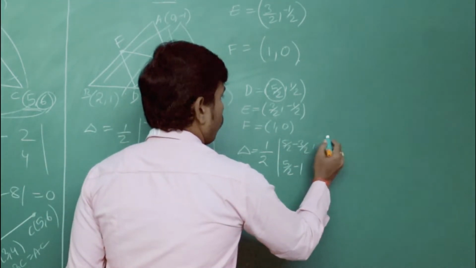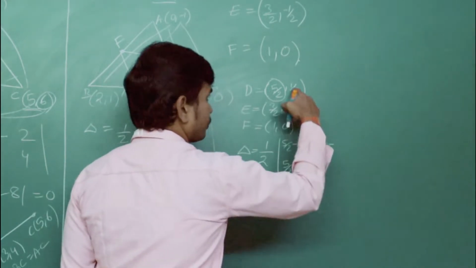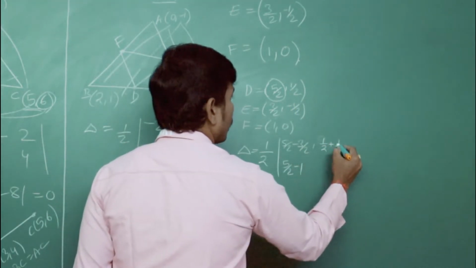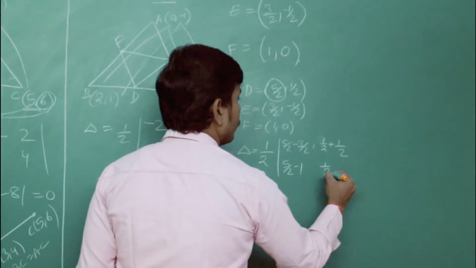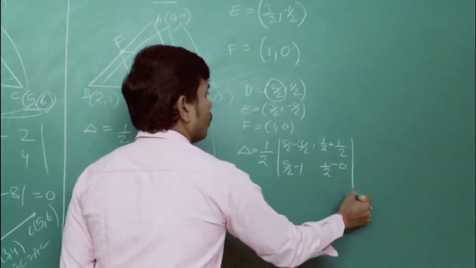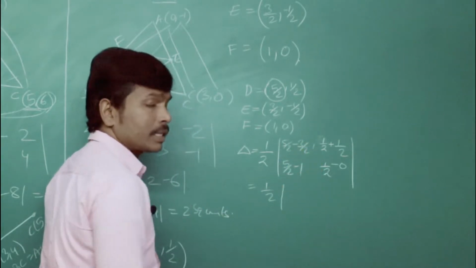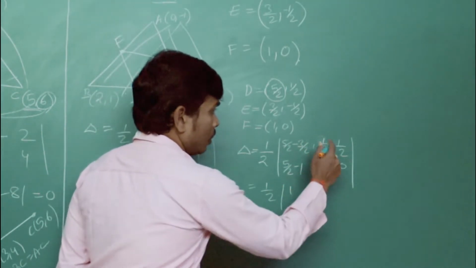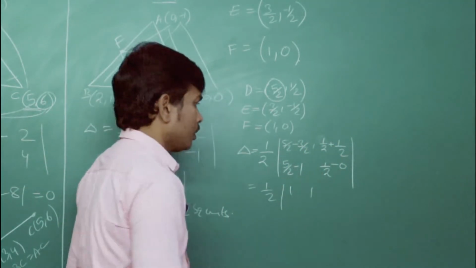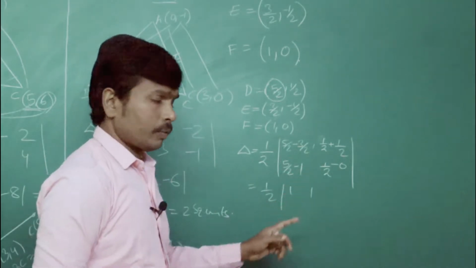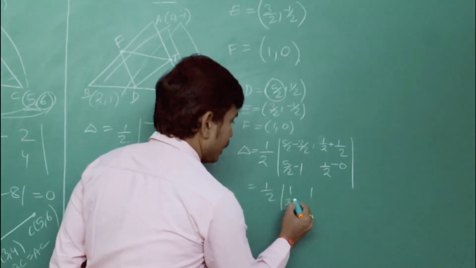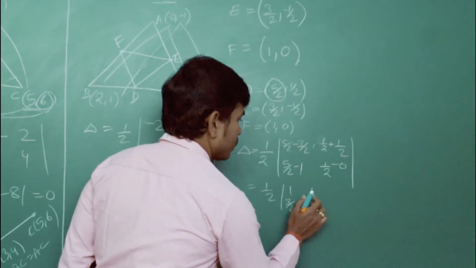Next, 1 by 2 plus 1 by 2, 1 by 2 minus 0. Okay, what will you get as the answer? 5 minus 3 is 2 by 2, 1. 1 by 2 plus 1 by 2 is 1. This is 5 minus 2 by 2, 3 by 2. This is 1 by 2.